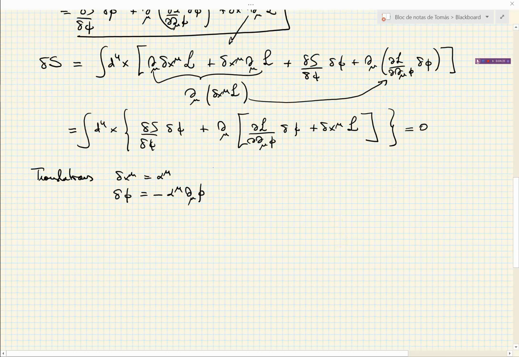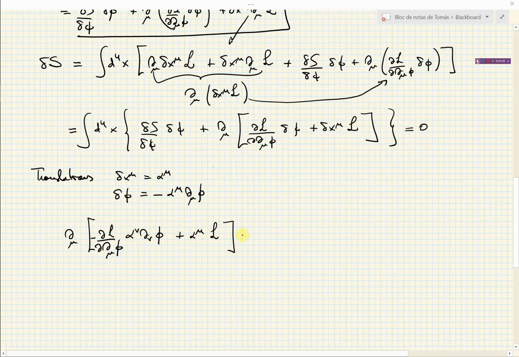And what we find is ∂L/∂(∂_μφ) and then δφ, so this has a minus sign, α^ν ∂_ν φ, plus α^μ L is equal to minus δS/δφ.